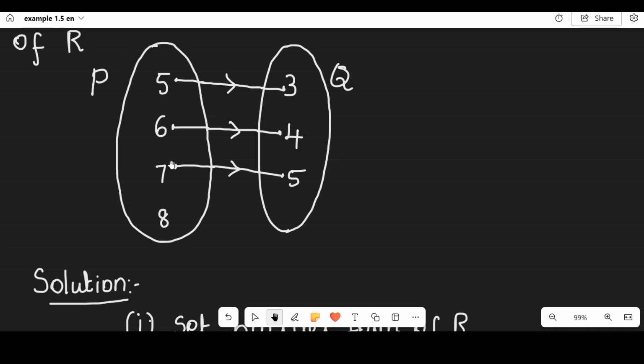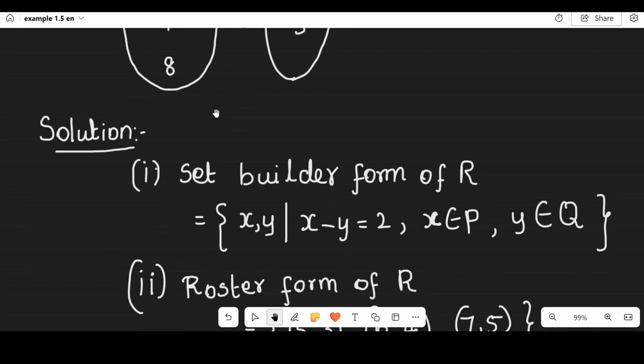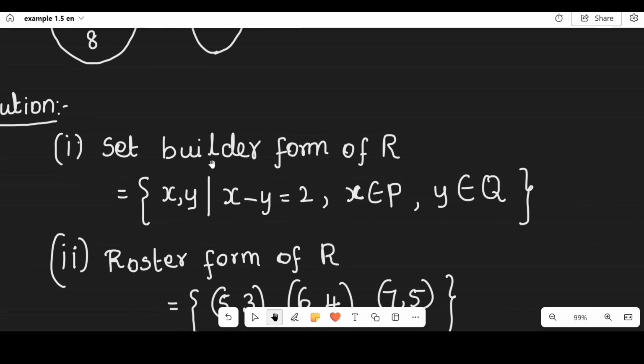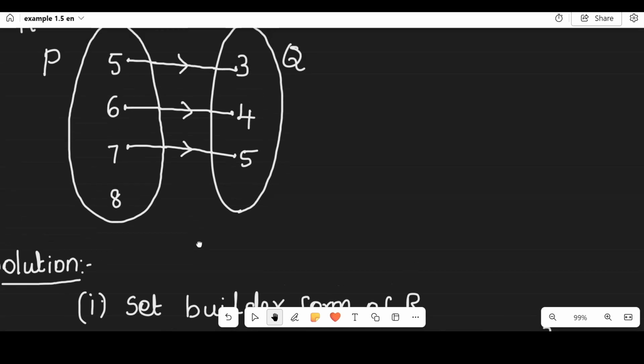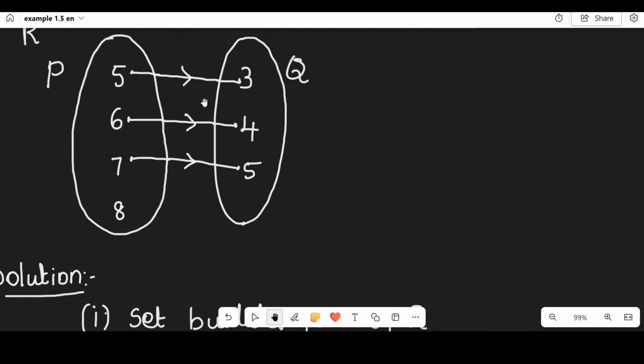But here we have two sets, so we represent each element as x comma y. How can we relate 5 and 3, 6 and 4, 7 and 5?